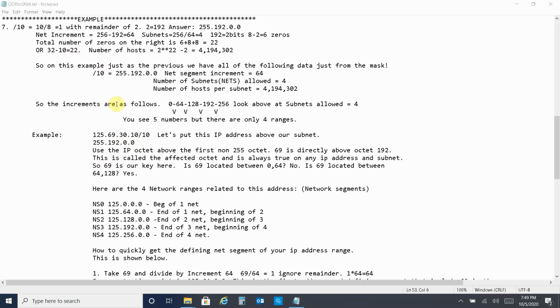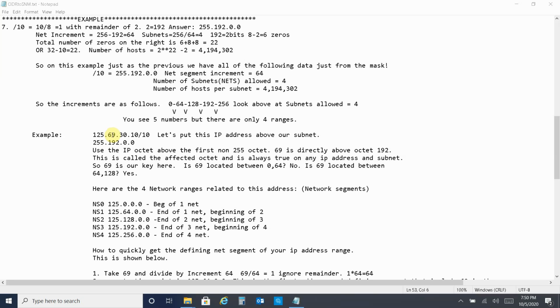We already know what /10 is, so we put it down right here. Okay? Now, the active octets, like I said, first one that's different from 255 to the left is 192. Right above it, 69. That's your active octet above. These two numbers are pretty much the only ones you have to deal with.